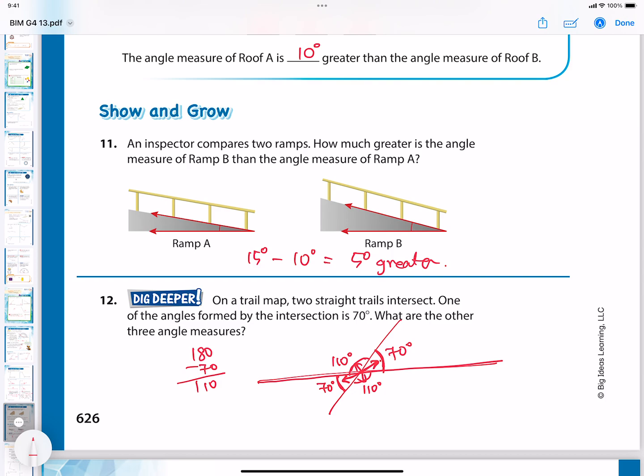Instead of measuring all together, just use your knowledge that I know the opposite. If I have 3 lines or 4 lines even, the opposite side of the angle is exactly the same as the other side. Okay, so the answer is 110 is one and another 70 degree and then 110 degrees. Okay, three angles, or you are going to measure.